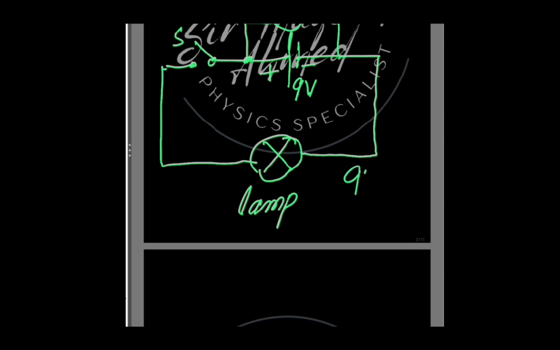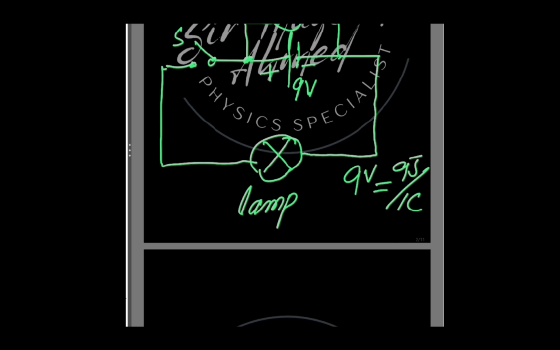9 volt means this battery is able to supply 9 joule energy, electrical energy to 1 coulomb charge. If a 1 coulomb charge flows in the outer circuit, the battery will provide 9 joule energy to each coulomb, the capacity of the battery.